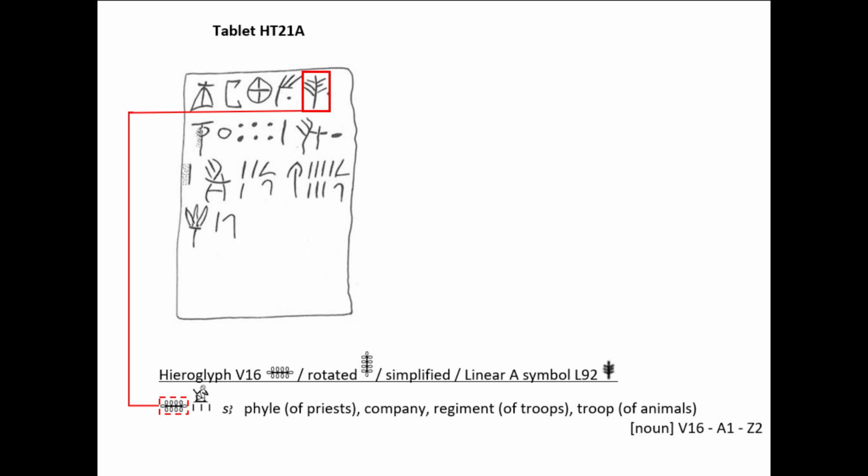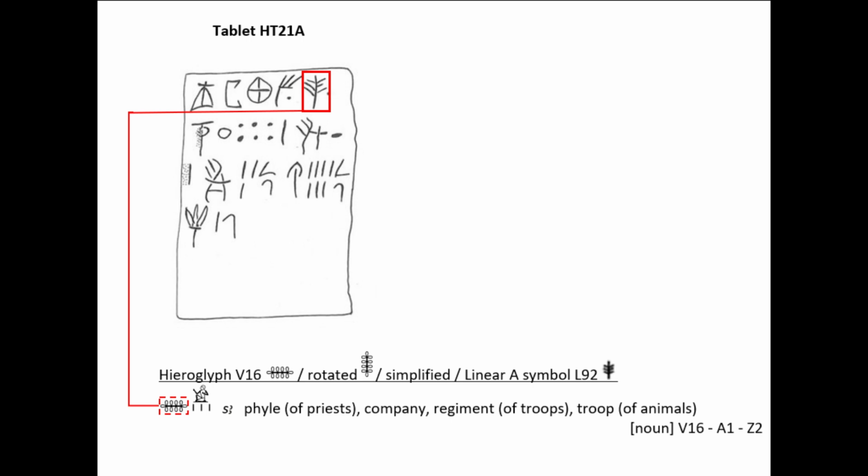If you remember, when we made our first video, I said that the tablets were the administrative records of Egyptian temples on Crete. Well, here we see that clearly. The symbol used here, Linear A symbol L92, is clearly a simplified, rotated representation of hieroglyph V16.